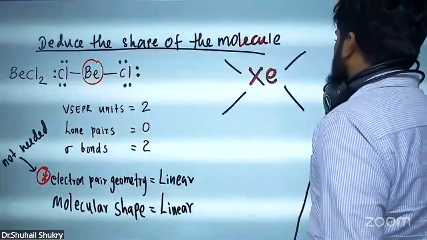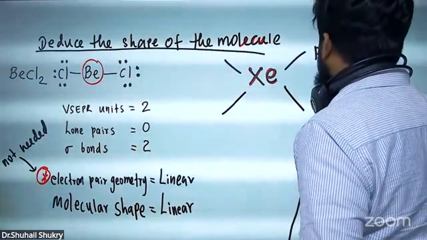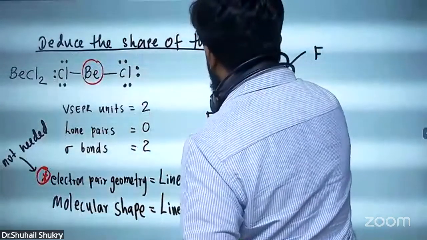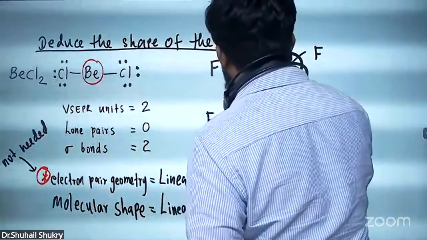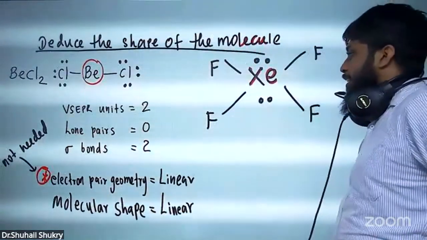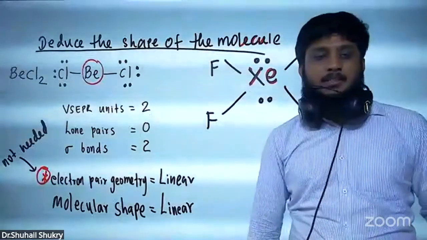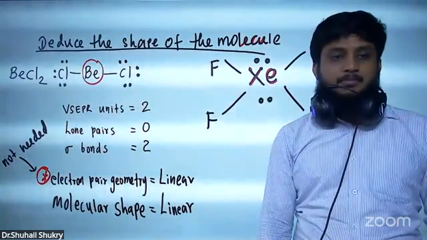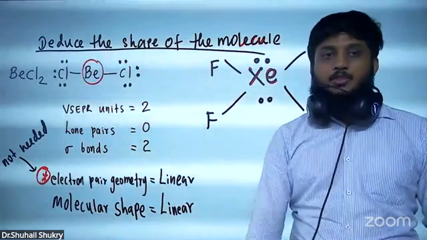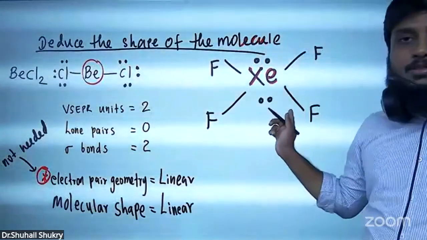If you draw the Lewis structure, you get two lone pairs like this. I guess you can identify the shape now. What is the shape? Square planar. Very good, excellent, superb. Everyone can say this is square planar.